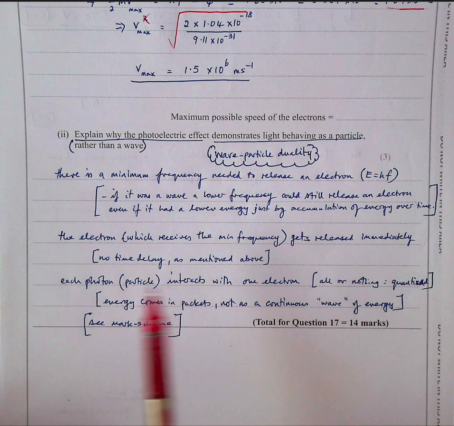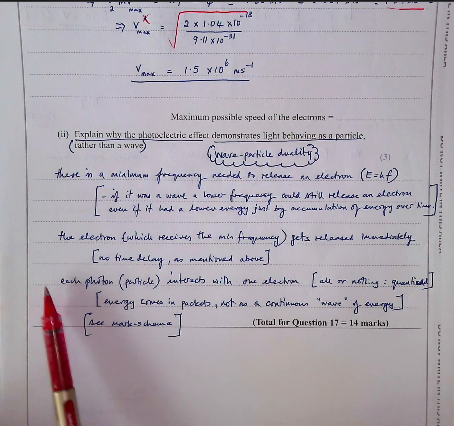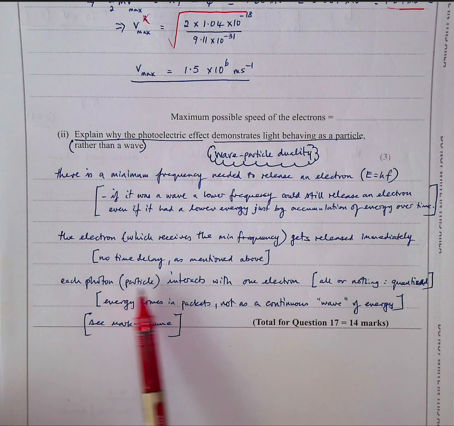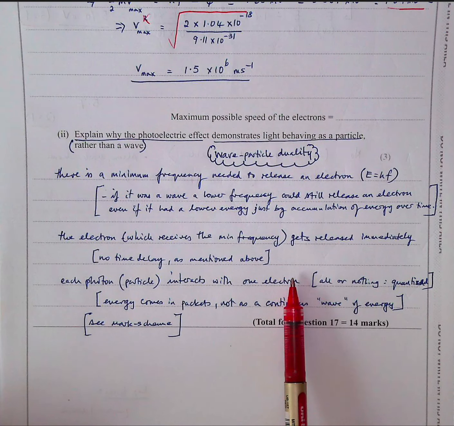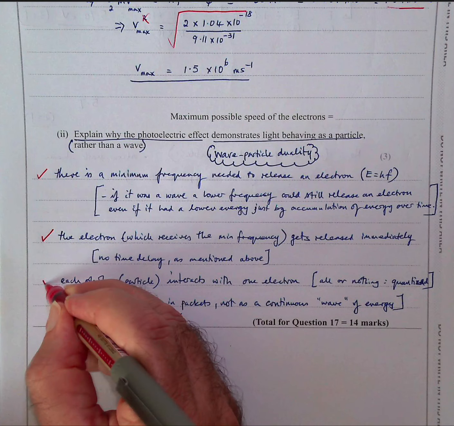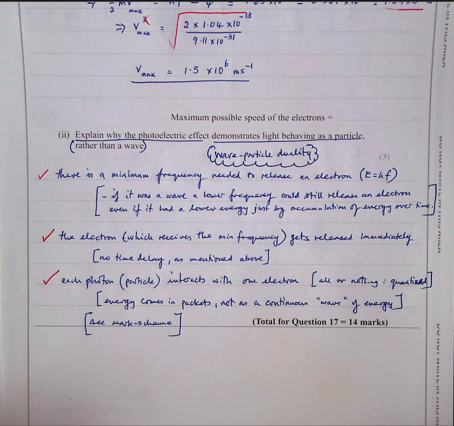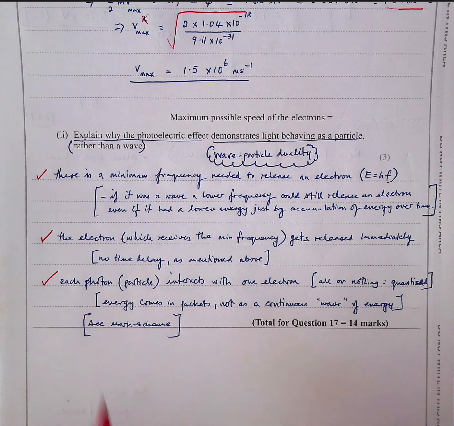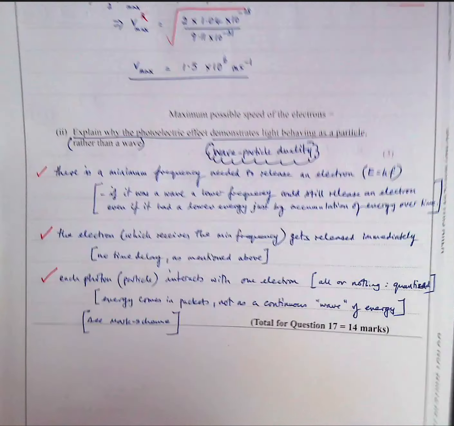So this is a quantum or discrete packet of energy. So each photon, it says, interacts with one electron. Yeah? So this is 3 marks that I would get. I'd get 1 for saying this, 1 for saying this, and 1 for saying that. And if you look at the mark scheme, which I put for you earlier, there are alternative ways of getting the 3 marks. Please take a look.